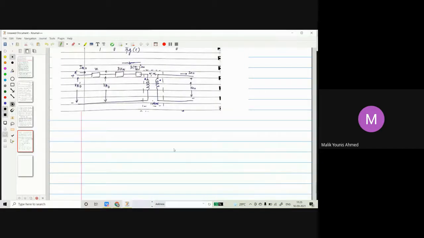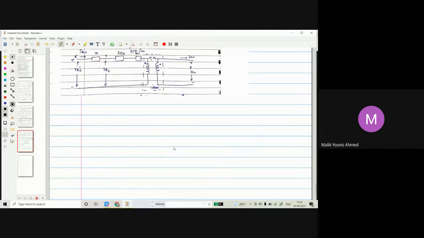Next topic which we have today is sequence circuits of star delta transformers. Just the basics that I have explained till now, you should know that. So we have the next topic as sequence circuits of star delta transformers.